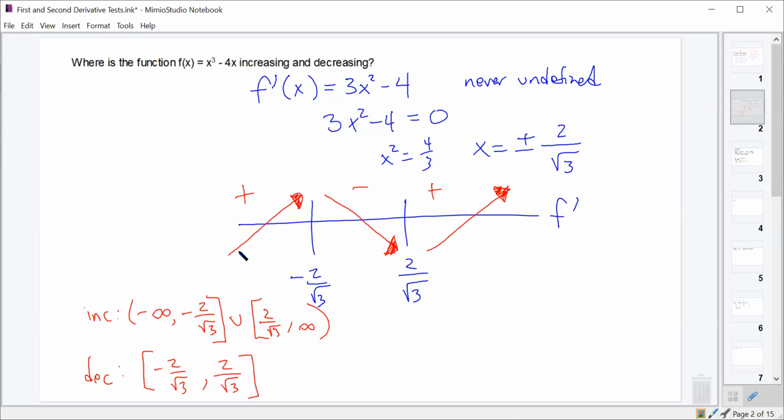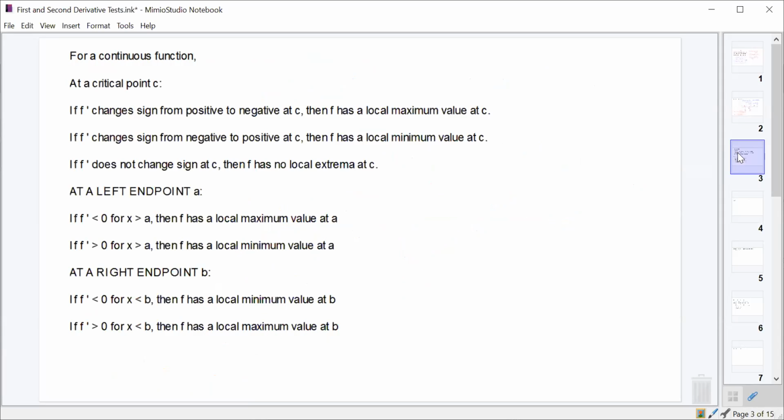So anytime our function goes from increasing to decreasing, we get the local max, and anytime it goes from decreasing to increasing, we get the local min, which tells us that anytime our derivative goes from positive to negative, we get the local max, and anytime our derivative goes from negative to positive, we get the local min. And so that's what I've got written here.